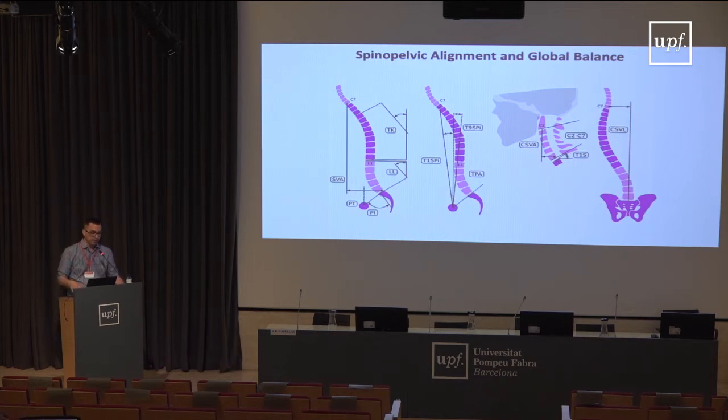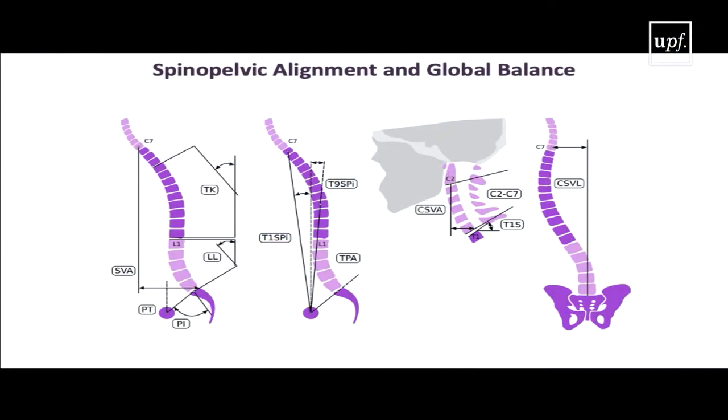This is the spinopelvic alignment and the global balance complex. So the whole spine is one system, and the whole spine can be characterized by the alignment and the balance of the body. And there are a lot of radiographic parameters describing this alignment and balance issue, and every patient can be analyzed in terms of this alignment and balance descriptors.